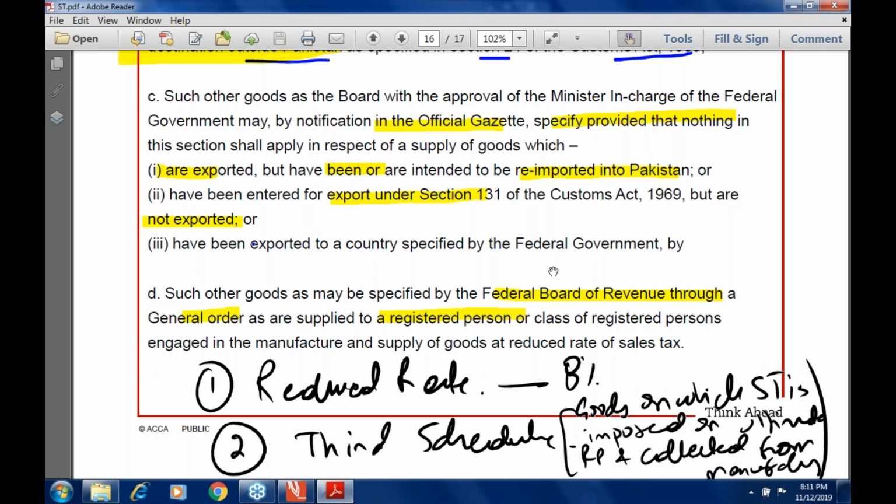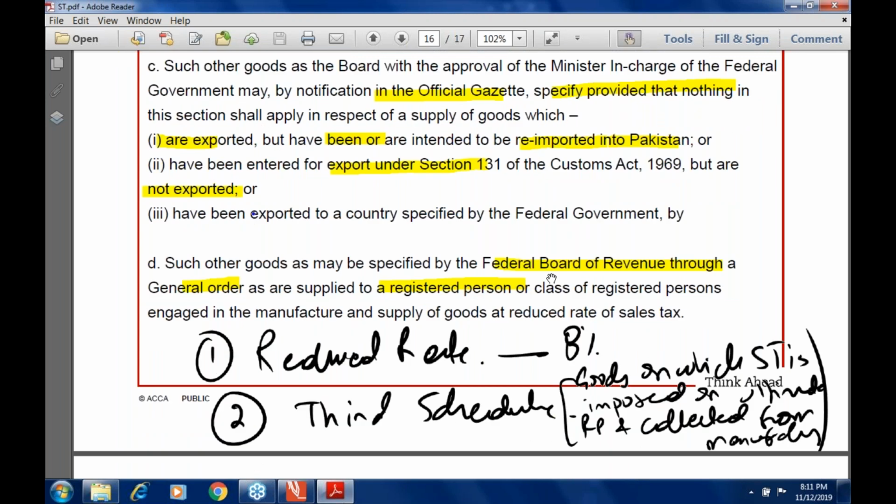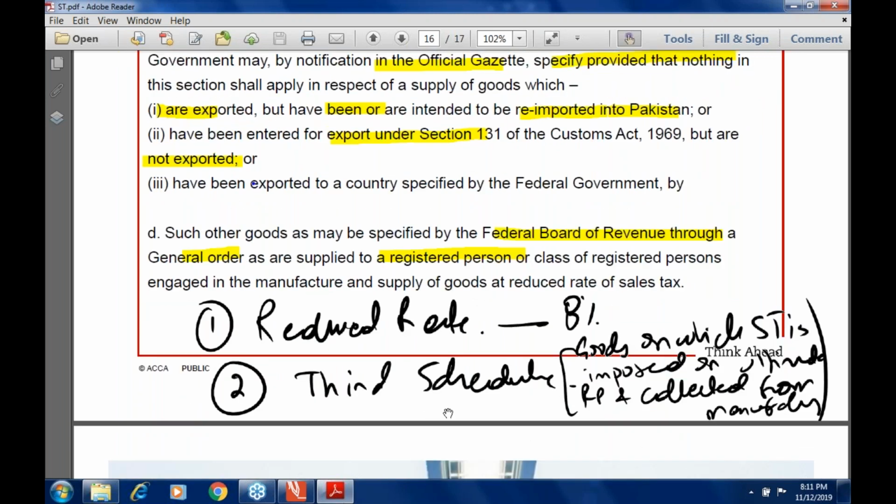Okay, then we move forward. The next thing that we actually talked about was the concept of third schedule item. I did discuss what a third schedule item is.